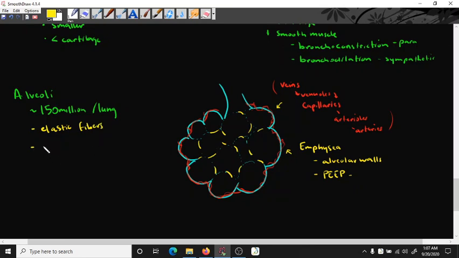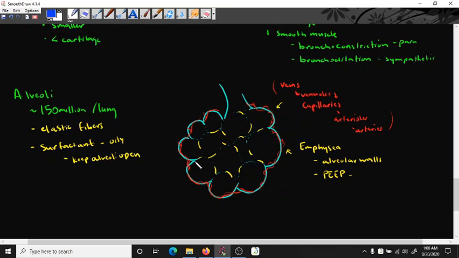They also secrete surfactant. And surfactant is kind of like an oily substance, it's got lipids in it, phospholipids and all that. And the purpose of surfactant is to help keep the alveoli open. And I'll explain why. I'm going to do this really quick because this is kind of a wormhole you can go down.